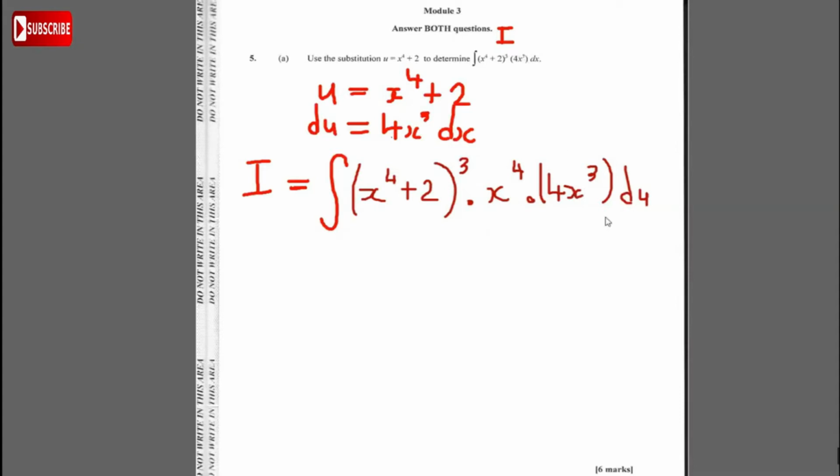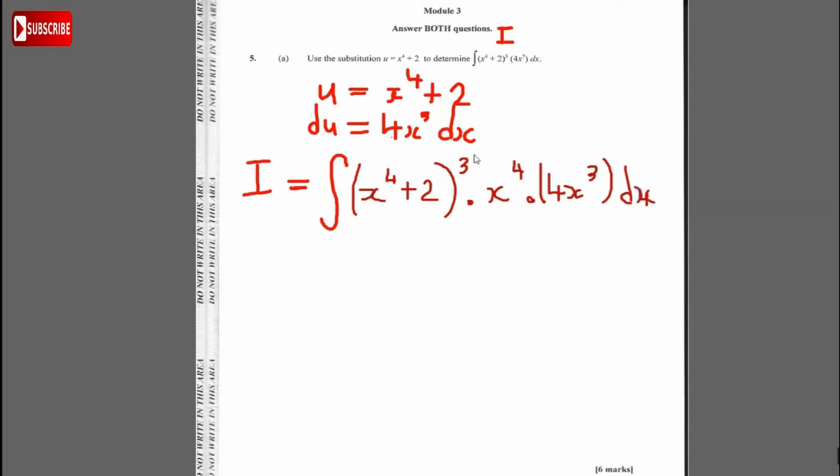Once you get to this stage, you're good. You see right here, 4x cubed times x to the 4. 4 plus 3 is 7, so this is still 4x to the 7. But this part right here, this 4x cubed dx, is du.